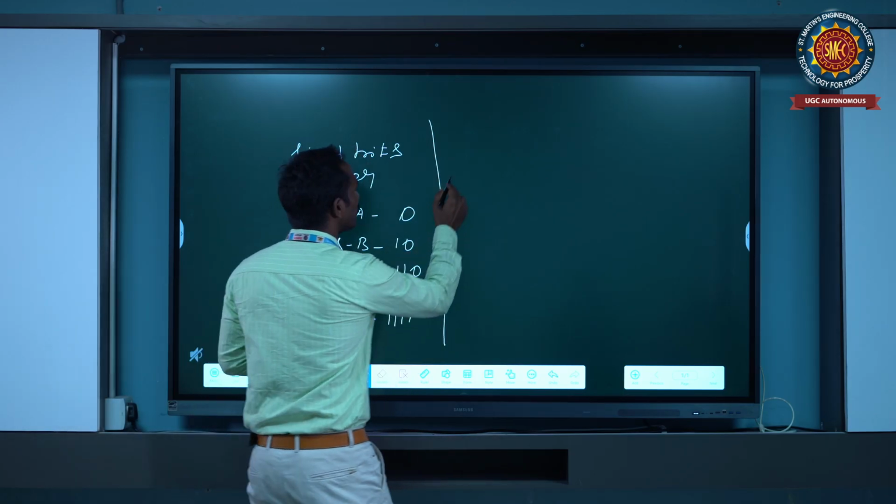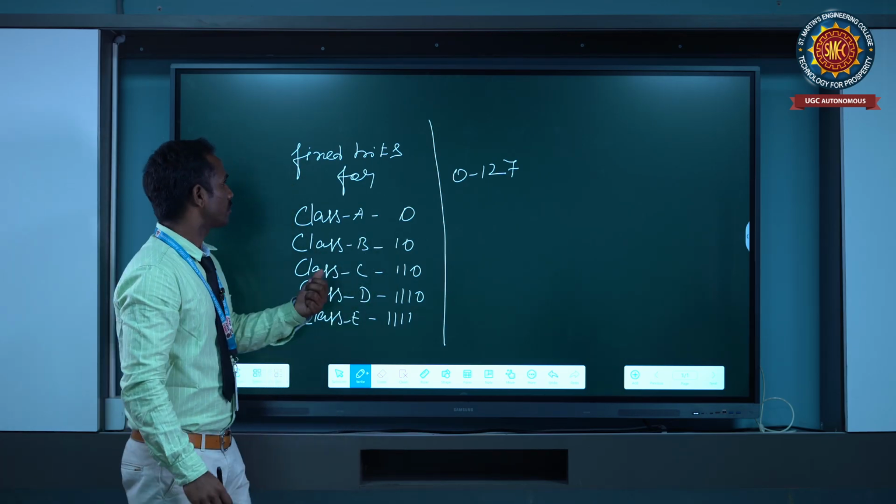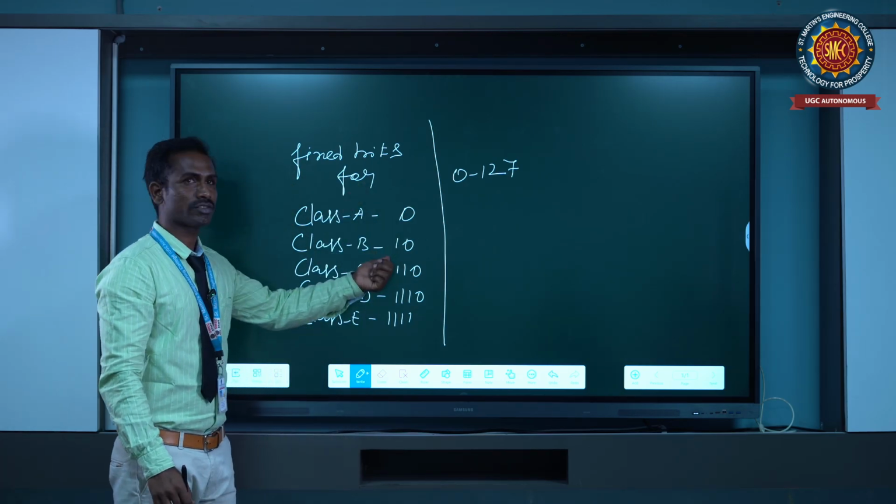So class A is 0 to 127. How to do that? We have to use the fixed bits.